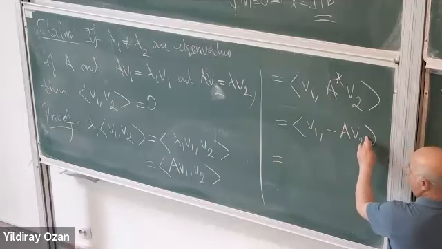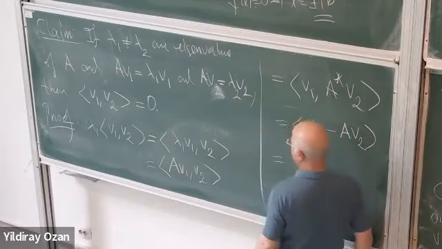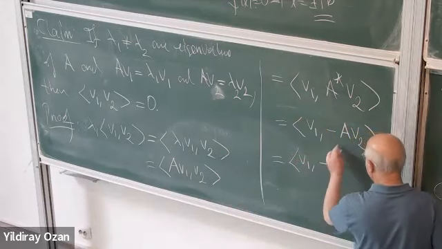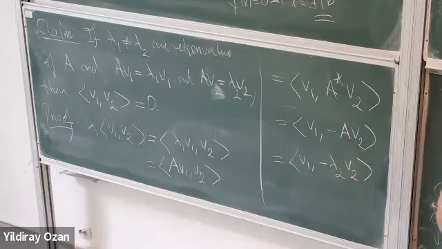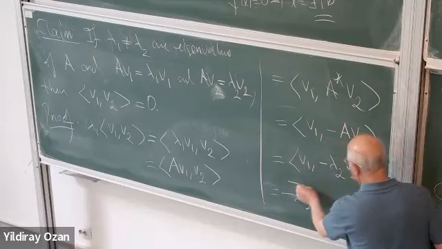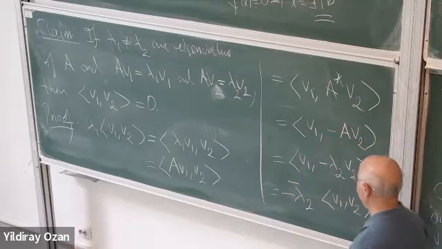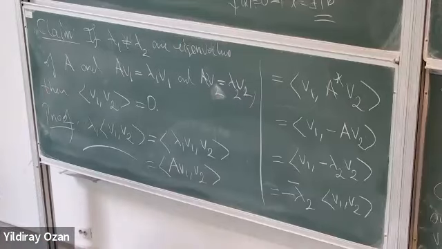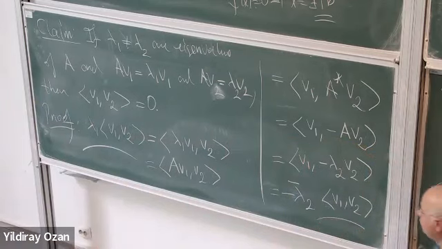A V2, this is also an eigenvector. It is just lambda 2 times V2, so minus lambda 2 times V2. So what we see is that this goes out as lambda 2 conjugate, V1, V2. Okay. So lambda 1 times V1, V2 is minus lambda 2 conjugate times V1, V2.